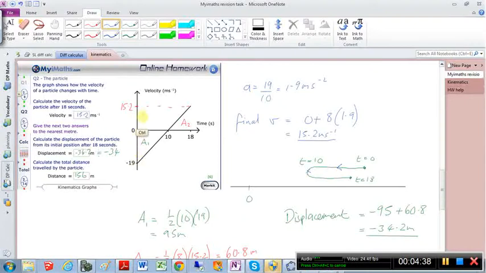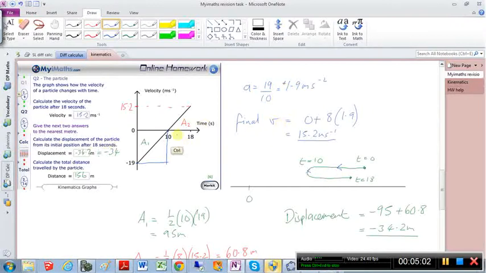So that's a change of 19 meters per second divided by 10. Okay, so the acceleration we're talking about here, given by the gradient of this line, is positive 1.9 meters per second squared. Okay, we get that just by doing this vertical distance divided by the horizontal distance. Okay, which is positive acceleration.